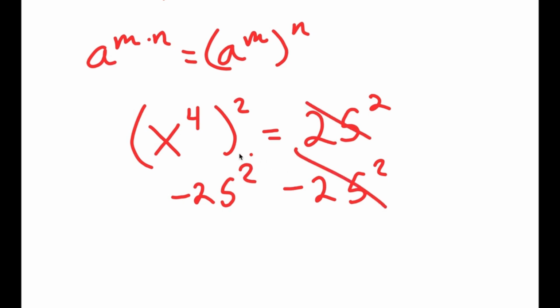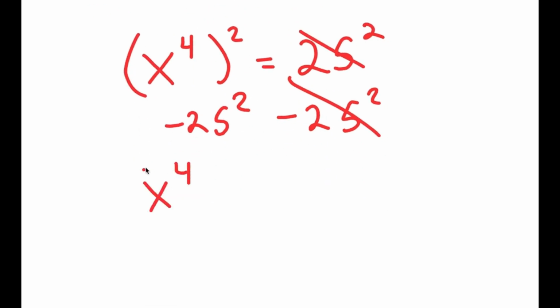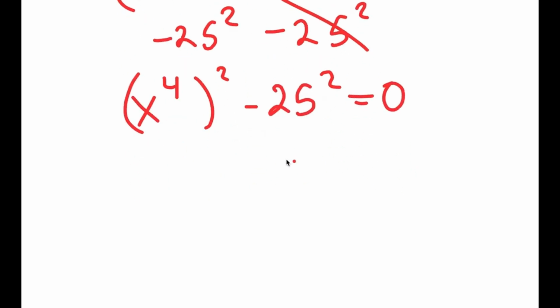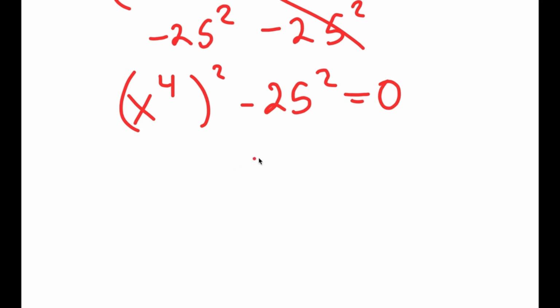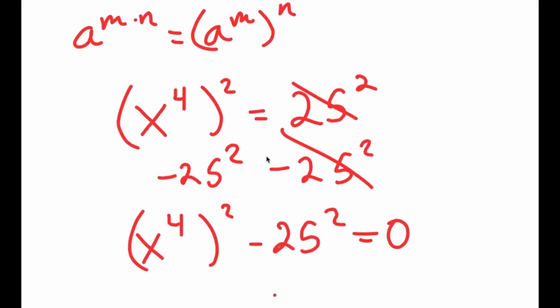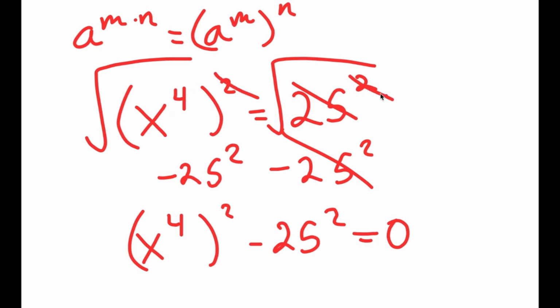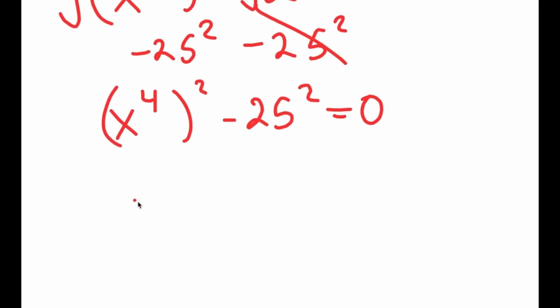So these two cancel out, and I get x to the power of 4 to the power of 2 minus 25 to the power of 2 is equal to 0. And before we actually do this, I'm going to take the square root on both sides so I can cancel these 2's out. So I get x to the power of 4 minus 25 is equal to 0.